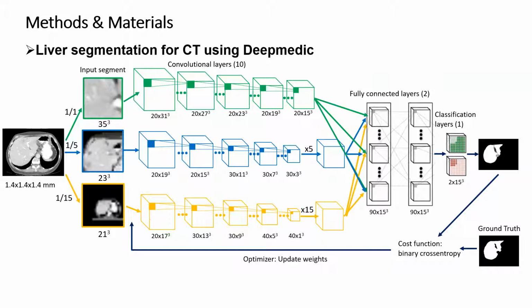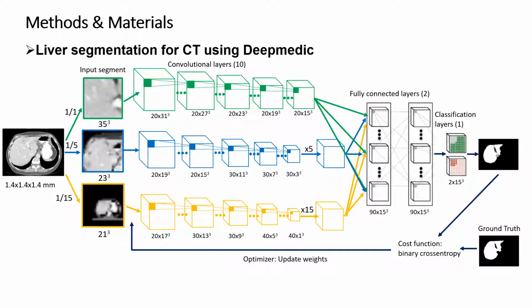As you can see here, this structure has three channels, a high resolution channel and lower resolution channels. Here, the input image is downsampled by 1, 5, and 15, and then small patches are extracted from these downsampled images.